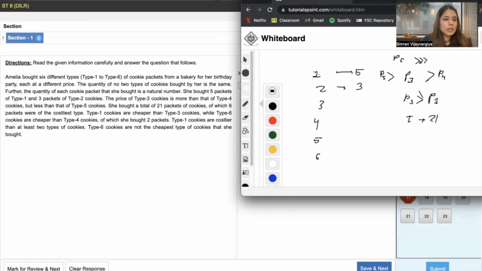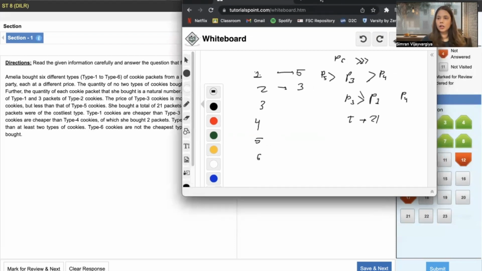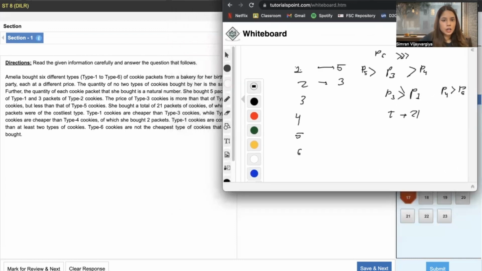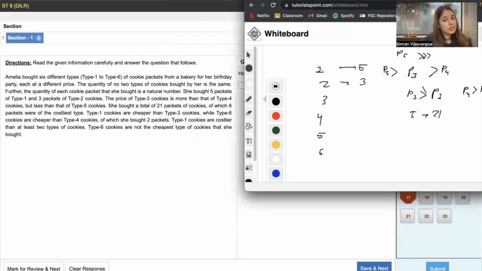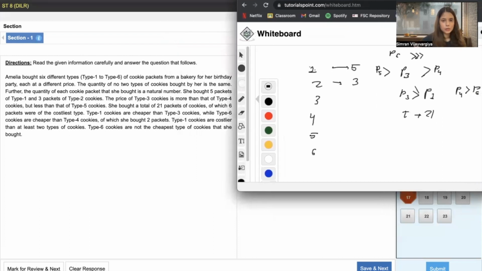While type 6 cookies are cheaper than type 4 cookies, P4, say, P6 less expensive. Cool. While type 6 cookies are cheaper than type 4 cookies, of which she bought 2 packets. So we know that type 6, she bought 2 packets.